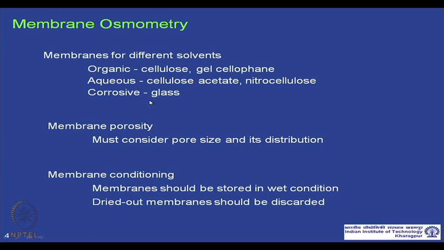Some more points in membrane osmometry: the membranes are different for different solvents. For organic solvents, it could be cellulose or cellophane. For aqueous, we can use cellulose acetate or nitrocellulose, and if you have a corrosive solution, then we can use glass membranes.